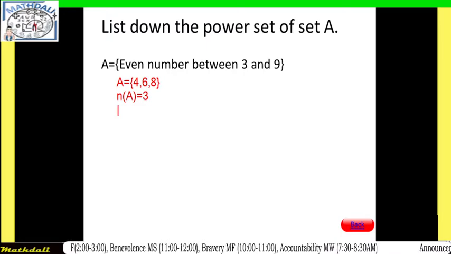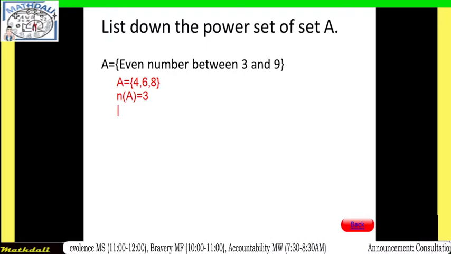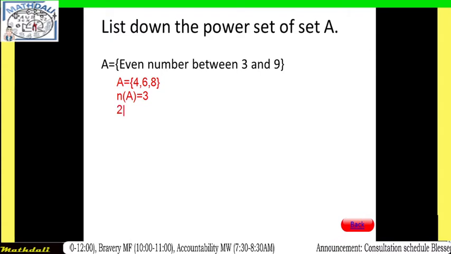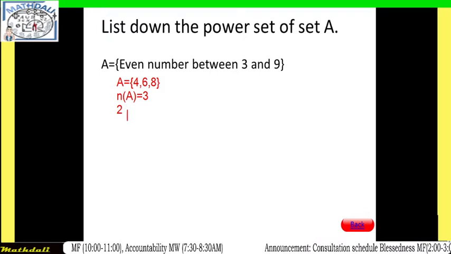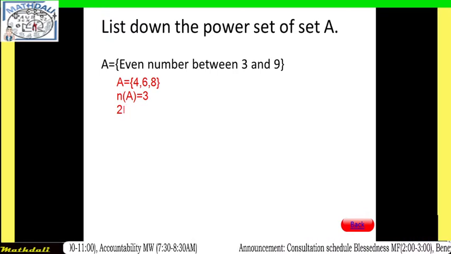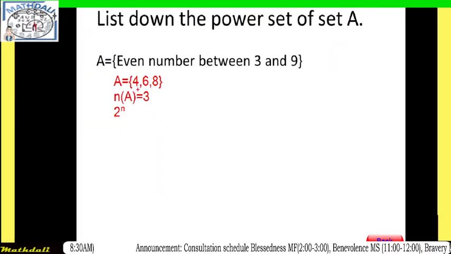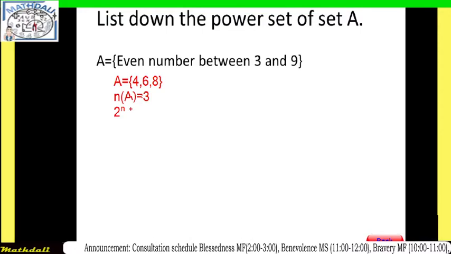And this time, using the formula for the number of subsets of the given set A, the formula is 2 raised to n, where n is the cardinal number of the given set.